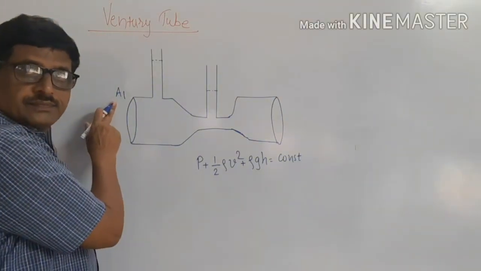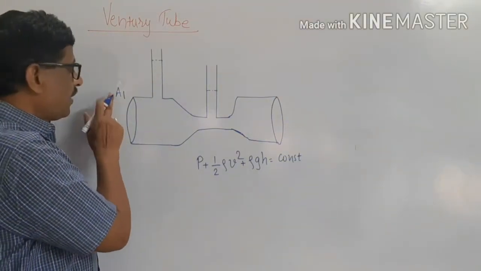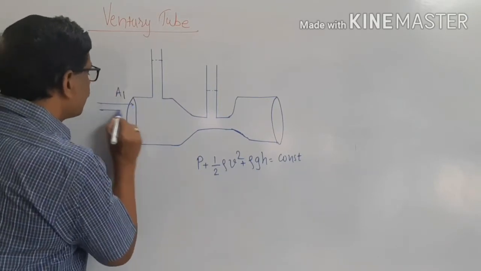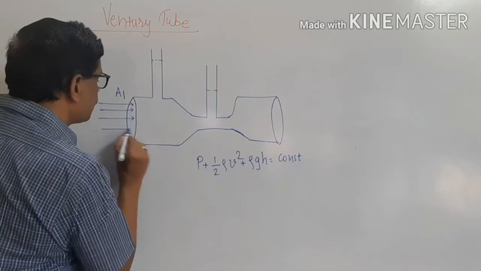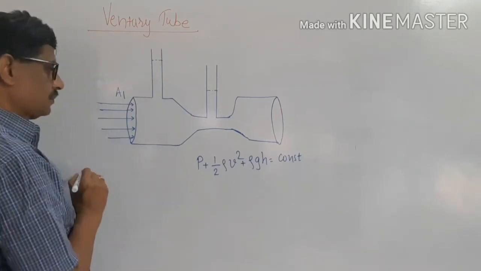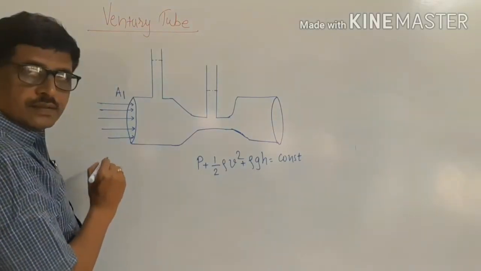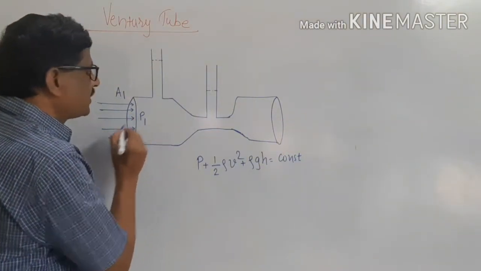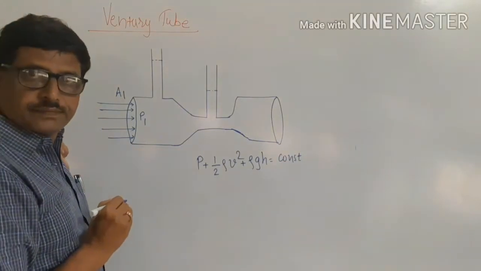Let A1 be the area of cross-section through which the fluid enters the tube. The pressure of the fluid entering the tube, let it be equal to P1.